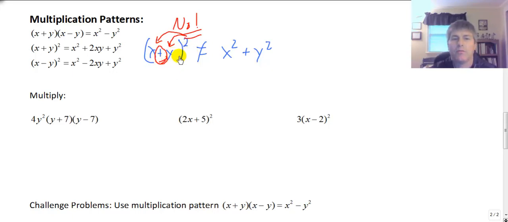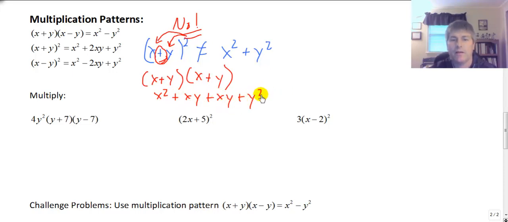Okay? X plus y quantity squared really is x plus y times x plus y. And then when you FOIL that out, you get x squared plus xy again plus y squared, which is x squared plus 2xy plus y squared.